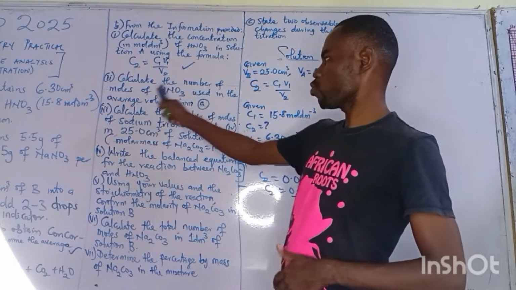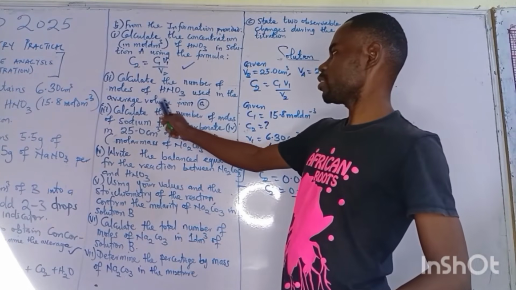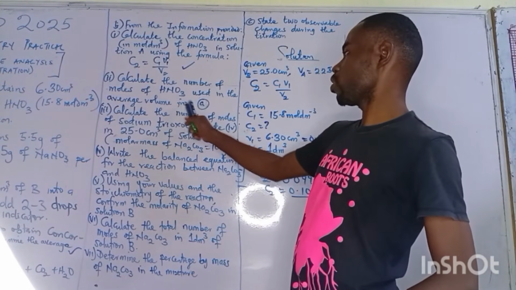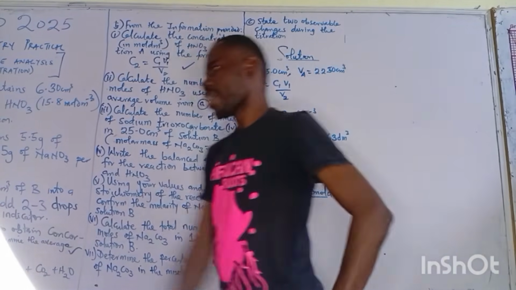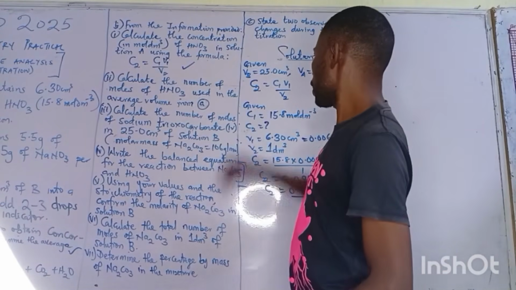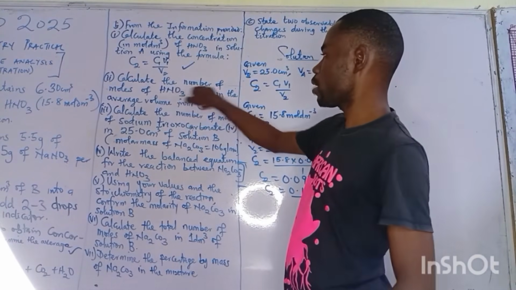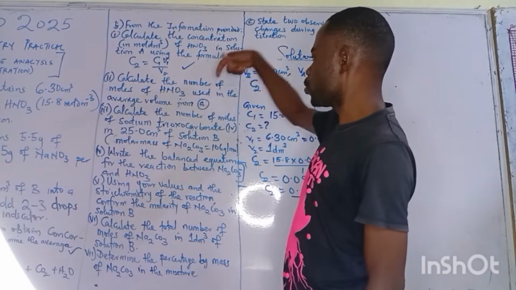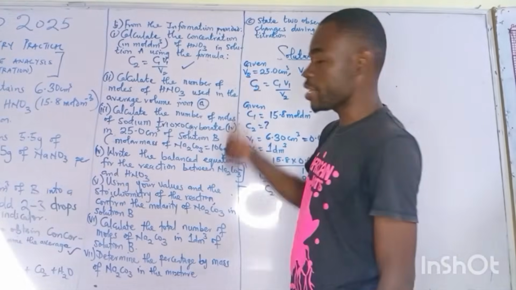Calculate the number of moles of HNO3 used in the average volume of the acid from A, that is this acid that we have gotten here, and that is my VA. We are trying to calculate the number of moles of HNO3, that is the acid used in the average volume, that VA I got.